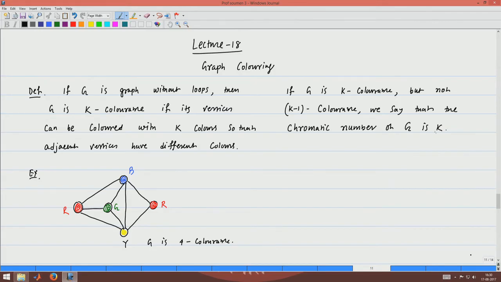Okay. So, k is the minimum number of colors that is required to color the graph G, and notation for this one is chi G, the chromatic number of the graph G is equal to k.